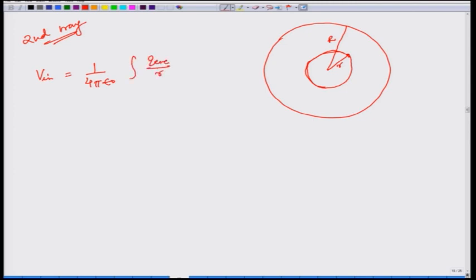We have to find out what the q enclosed is for the inner sphere, and if the charge density per unit volume is rho, q enclosed will be nothing but 4 by 3 pi r cube rho, and I will get V in is rho r square by 3 epsilon naught. So, this is the potential due to the inner sphere. Now for the outer spherical shell, what is the potential? That is also very obvious.